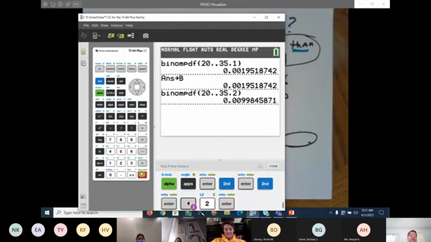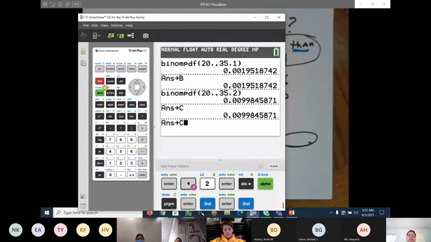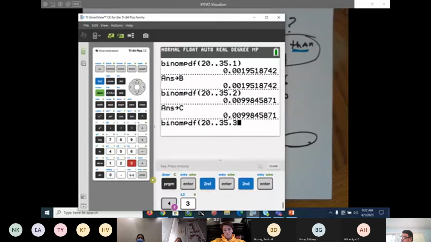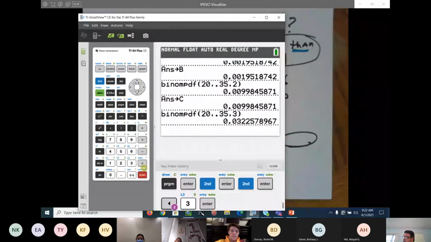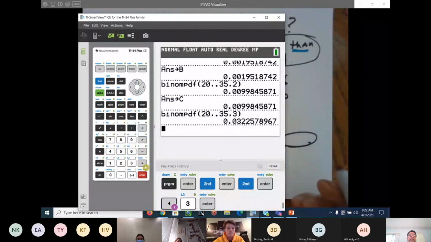Store alpha C. And second entry, and 3. And that's going to be 0.0323. And I'm going to store alpha D.